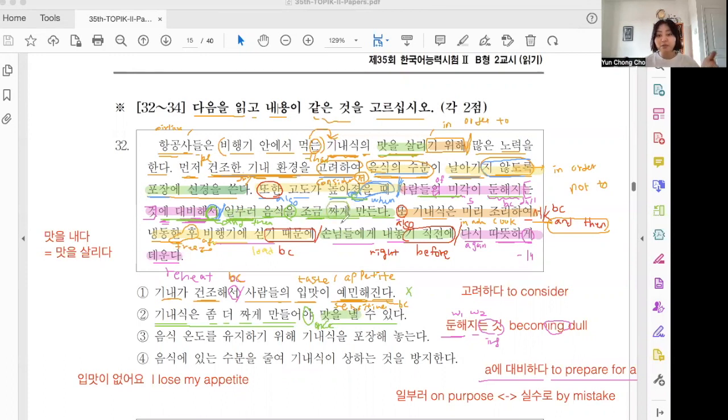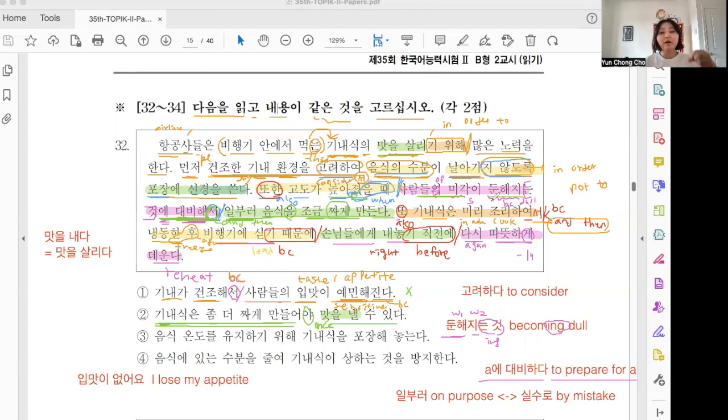Why do they make it a bit salty? It's because people's taste becomes dull. Right? So, why do they make it salty? Because they prepare for the people's taste becoming dull.